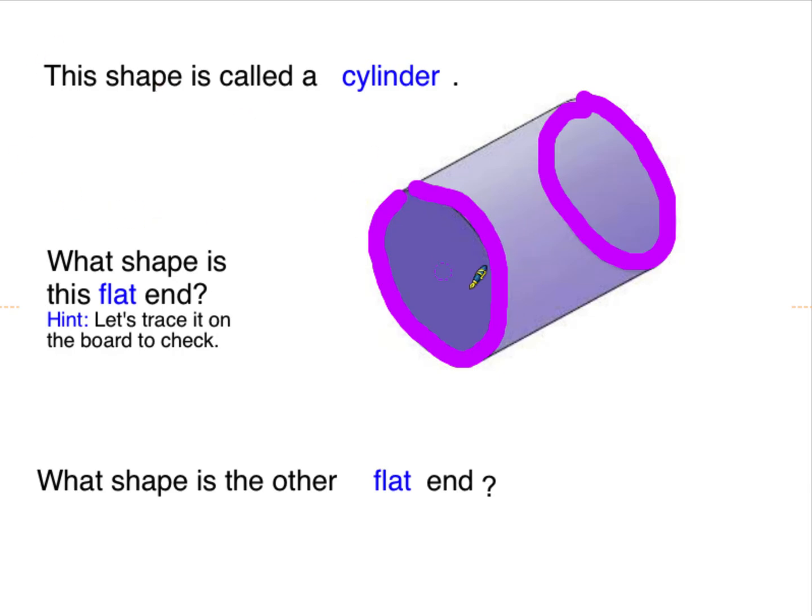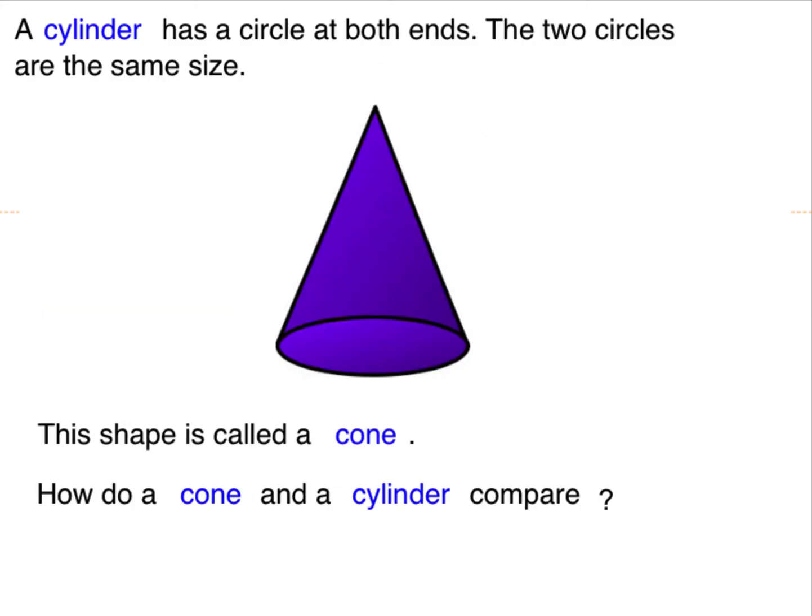Can you think of any cylinders? Toilet paper rolls? This is not a cylinder because it does not have two circle sides, ends. It only has one circle end, and the other end is a point. So this is called a cone.